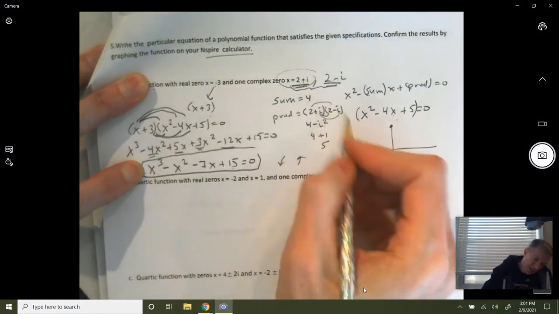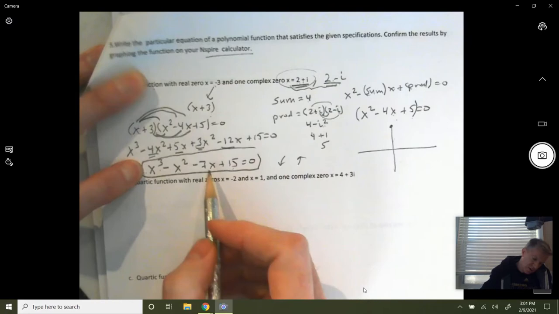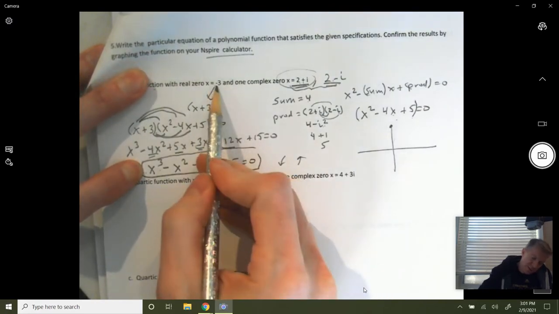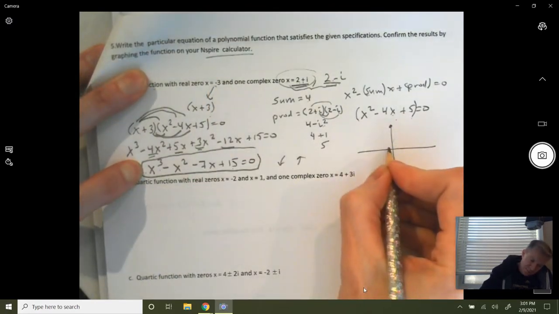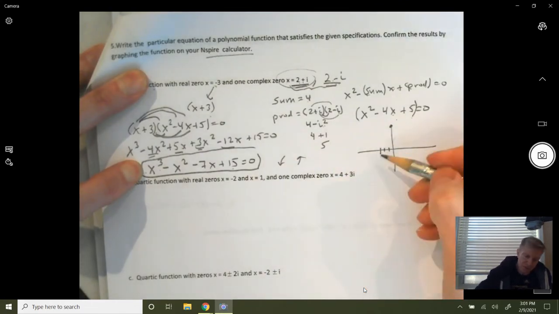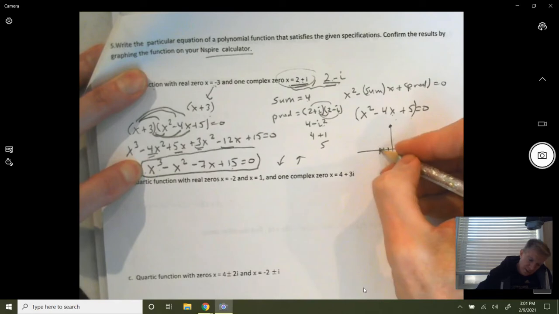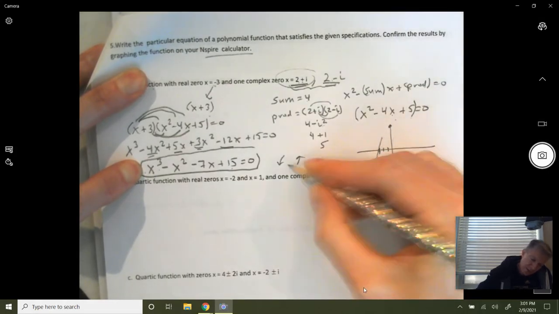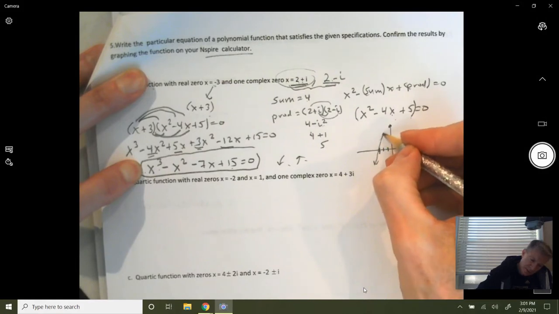We don't have a bounce; we're going to cross through when x is -3. At some point you might see a squiggle, but we know on the left it's going to be down, and on the right, going to be up, so maybe it's something like this.